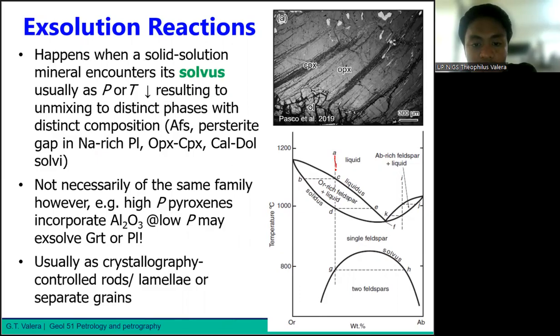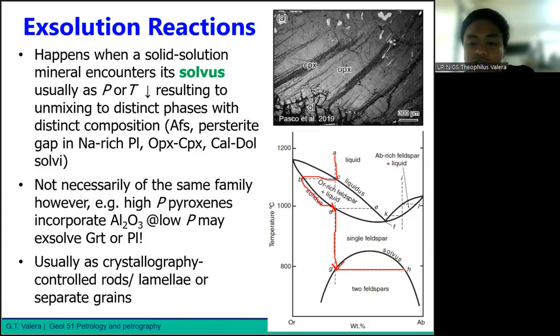So for example, rock A, upon reaching this liquidus, it starts crystallizing this particular mineral until it eventually reaches point D, in which case it's all solid, so single feldspar ka na. But as you further decrease the temperature, it starts intersecting itong solvus, in which case, yung initially single feldspar mo starts to form another feldspar within the same grain.